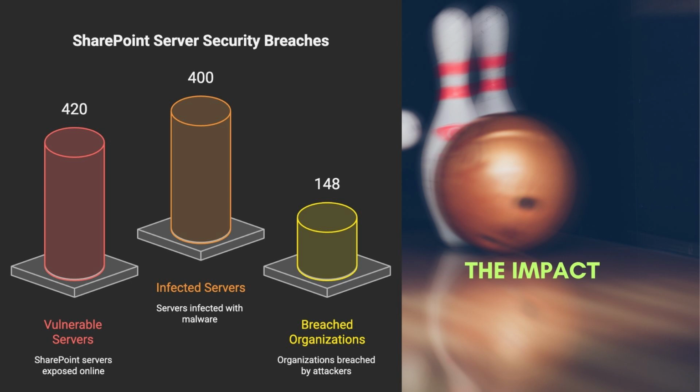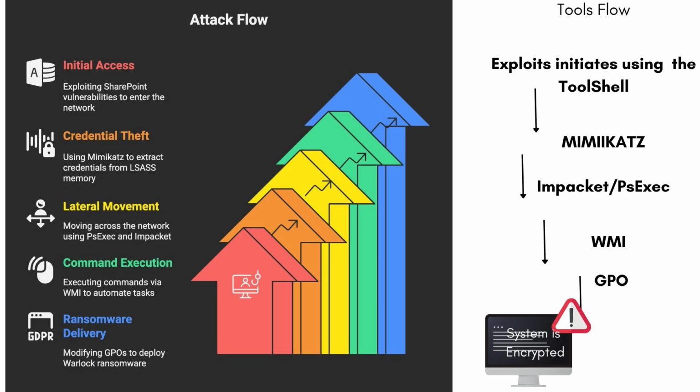The Dutch cybersecurity firm Eye Security, who initially detected these zero-day attacks, reports that the attackers have infected at least 400 servers with malware and successfully breached 148 organizations worldwide. And according to the Eye Security CTO, most of them were already compromised and they weren't aware of it.